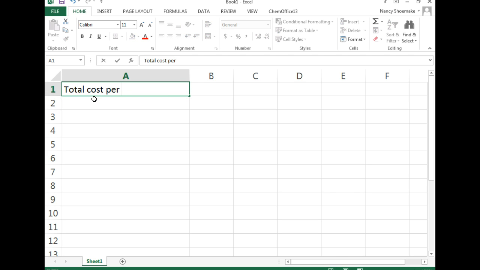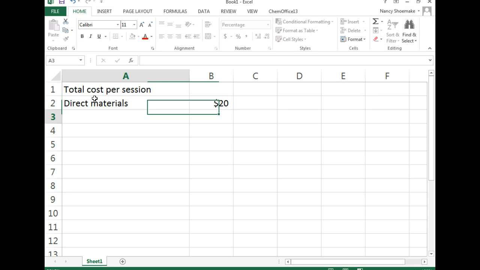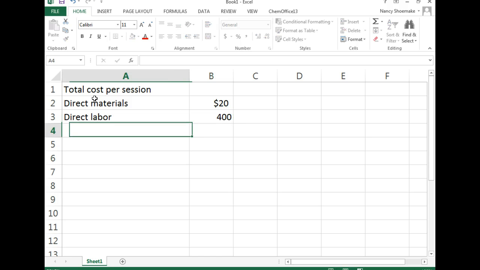Total cost per session is going to be direct materials of how much, guys, did we say? Direct materials of 20. Our direct labor, 400.